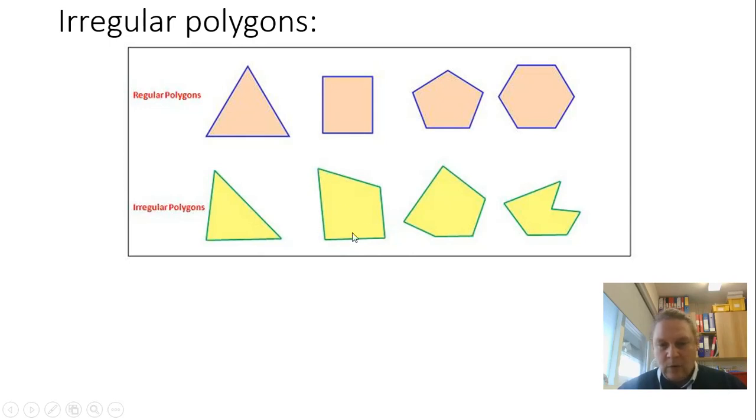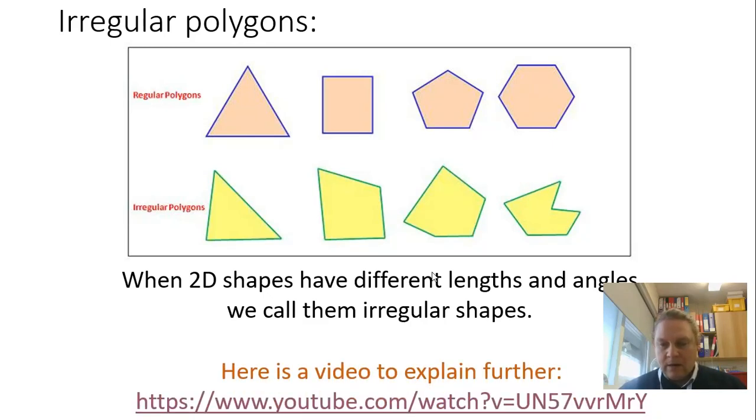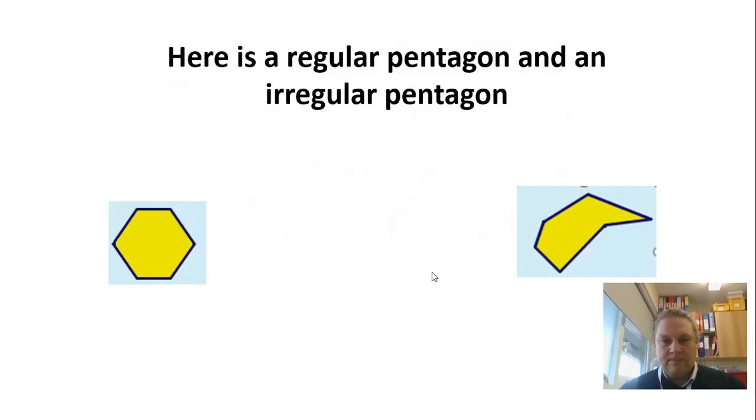And that's the same for all these irregular polygons. When 2D shapes have different lengths and angles, we call them irregular shapes. This is a video that you can watch that will explain this more. It's probably worth watching, because it's got some good graphics to demonstrate how irregular shapes differ from regular shapes.